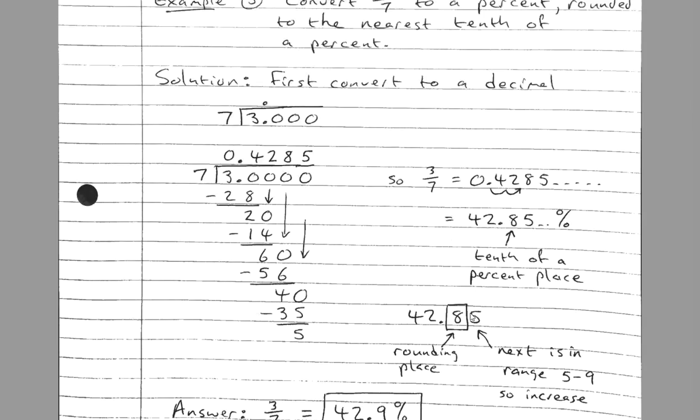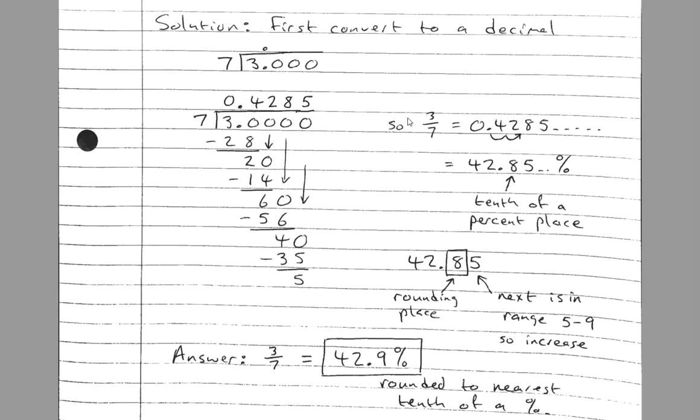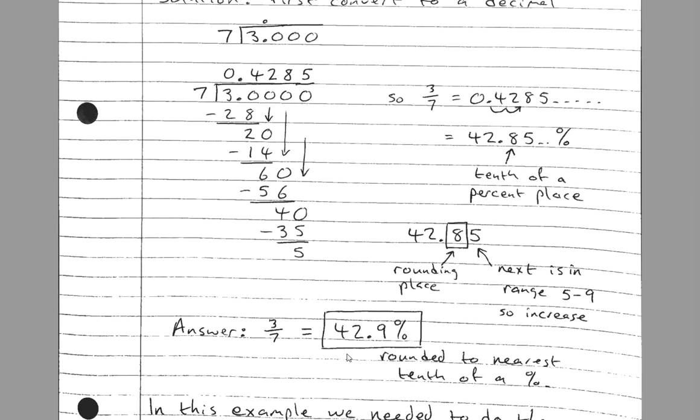So that was a complicated question. Again, we were converting a fraction, 3/7. It's kind of an awkward fraction. It's maybe more useful to think of it as 42.9%.